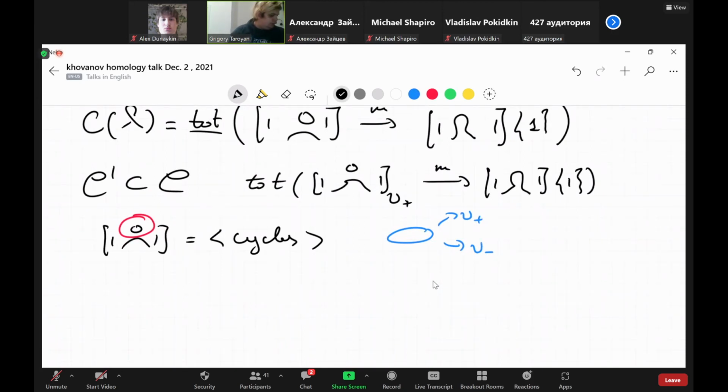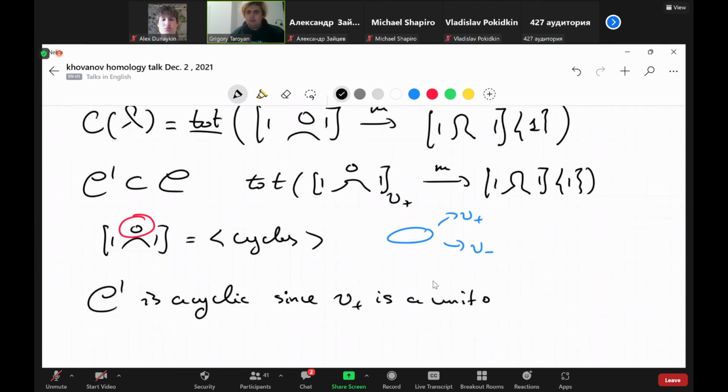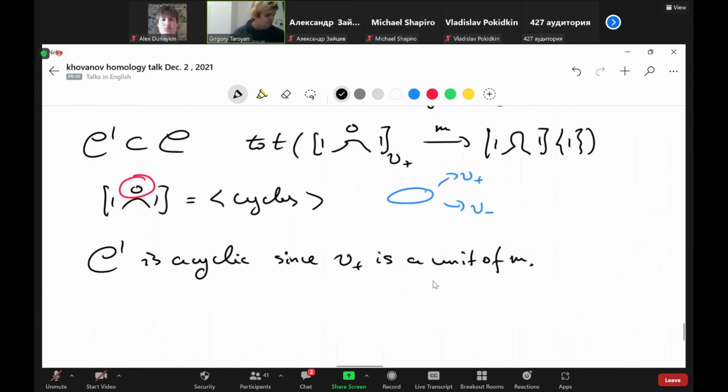So now C prime is acyclic since V plus is a unit of M. And so this is an acyclic subcomplex, and thus the homology of C is the same as the homology of the quotient.